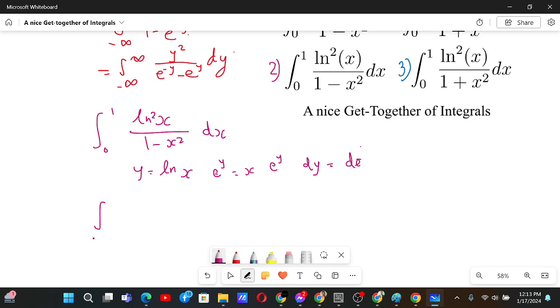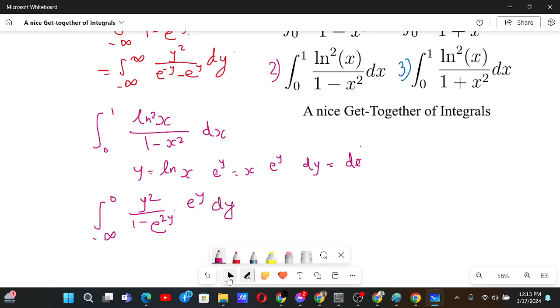That gives us the integral from minus infinity to 0 of y square over 1 minus e to the power 2y times dx, which is e to the power y dy.